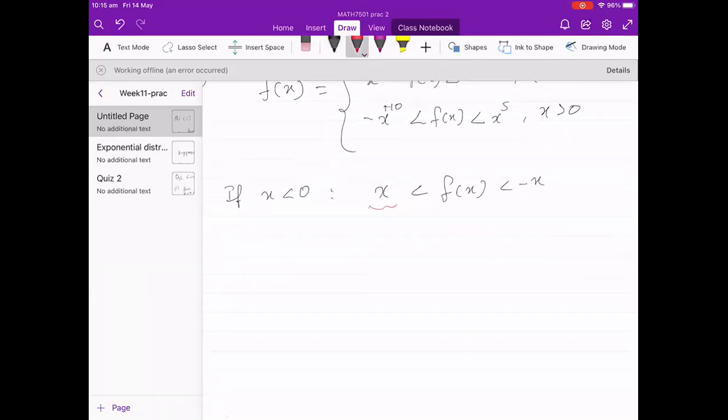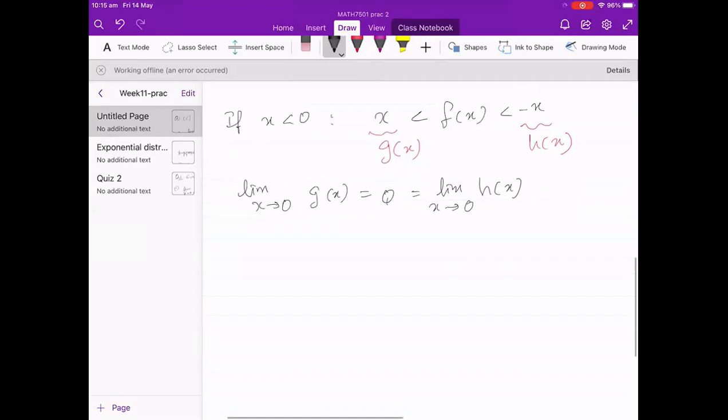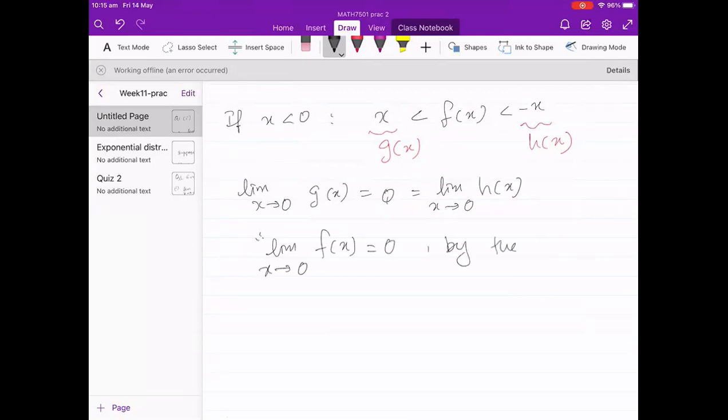So you could consider these as g(x) and h(x). And then say that the limit as x tends to 0 of g(x) equals 0, which is also the limit as x tends to 0 of h(x). Therefore, if x is negative, the limit as x tends to 0 of f(x) is 0 by the squeeze theorem.